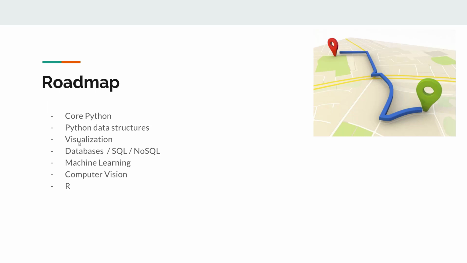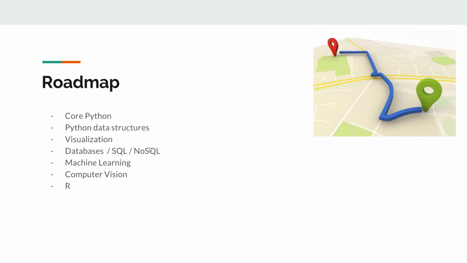After that, we'll look at ways to present or visualize our data analytics. Data analysis is useless if there is no way to present the results in a manner or format that is easily consumable or understandable by a user. So in this section, we'll look at Python libraries like matplotlib that help us do just that. Next, we'll look at databases, repositories where data reside.